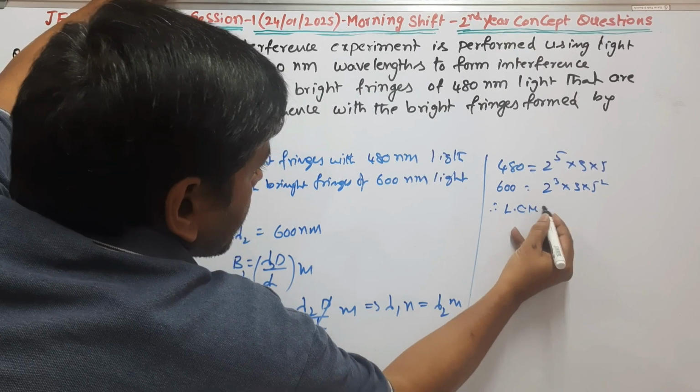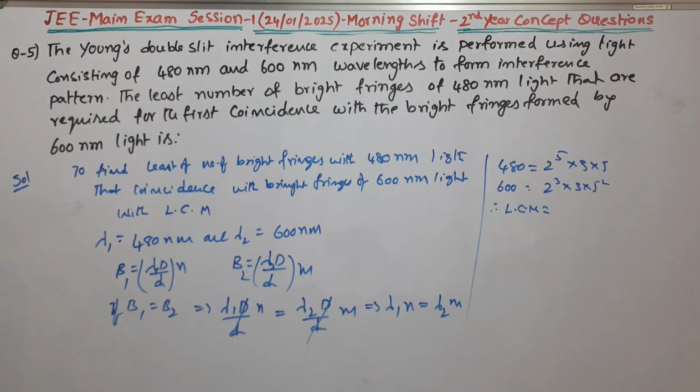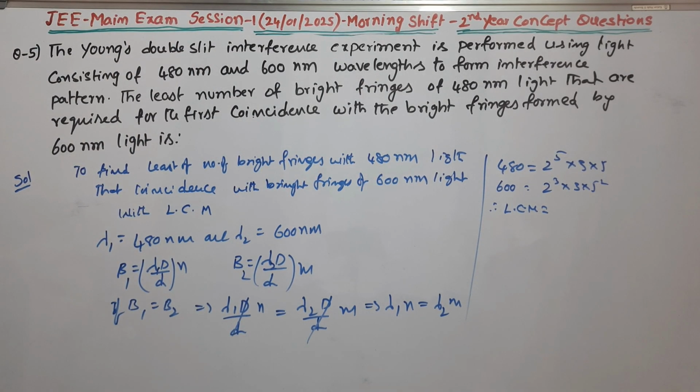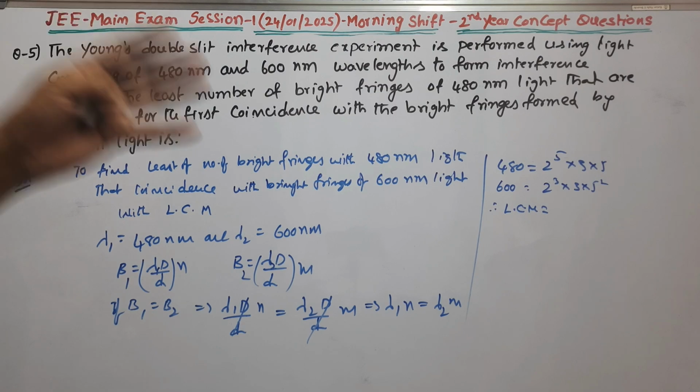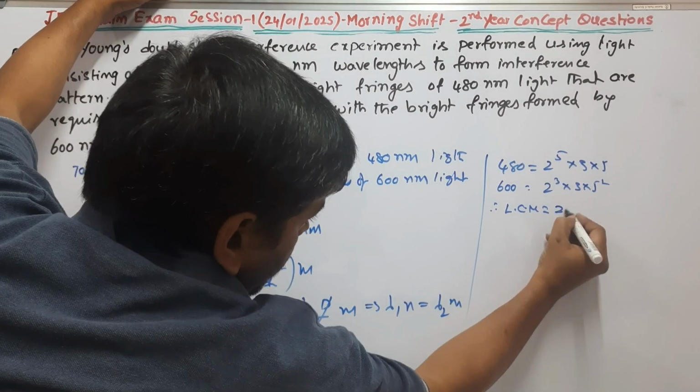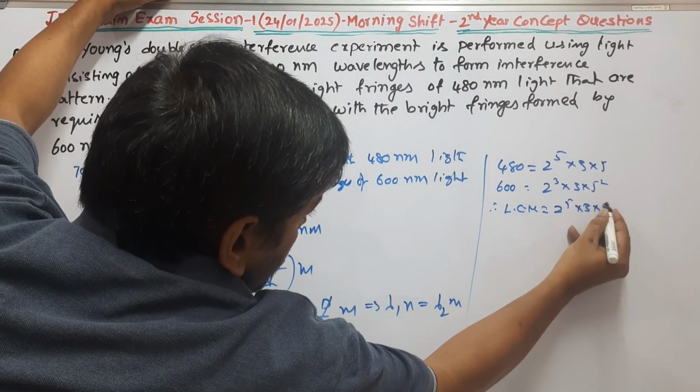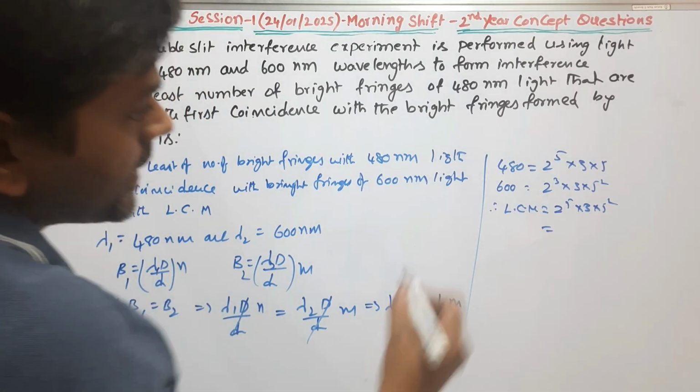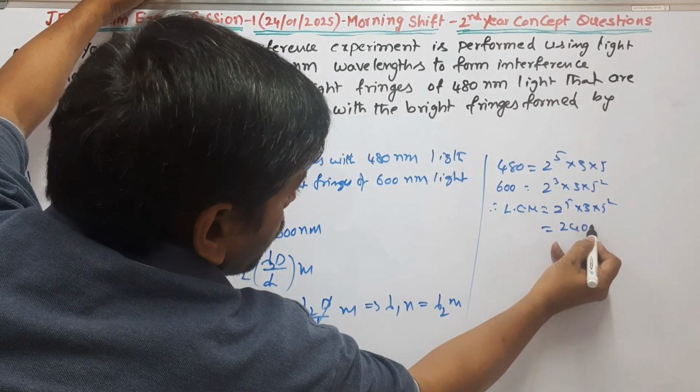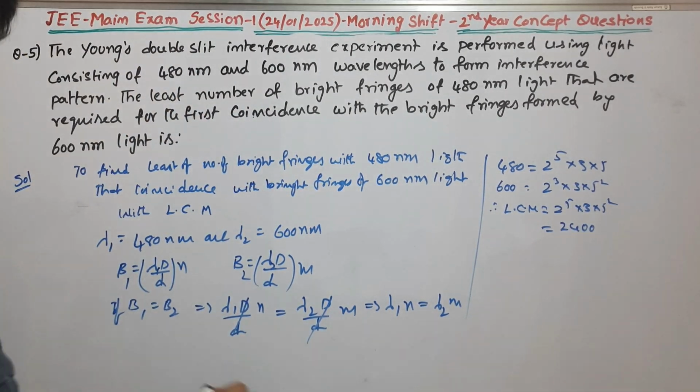Therefore, the LCM is 2 power 5 into 3 into 5 square, which is 2400.